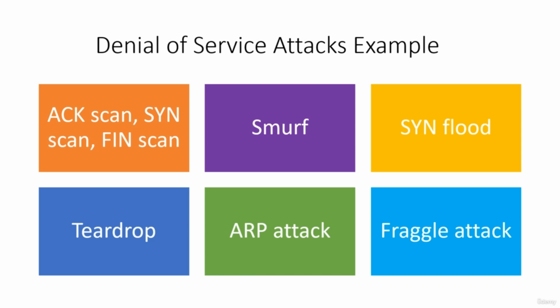For example, the ACK scan technique is used by the attacker to gather information about the target's firewall or access control list configuration. It features a scan of a target with an acknowledgement flag, the ACK flag, that seeks to identify hosts and ports that are filtered or cannot be scanned in another way.